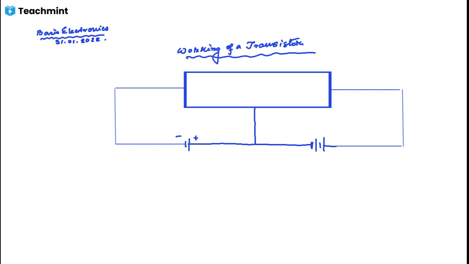There are three parts. So this is N, this is P, this is N. So this is the electrons flowing this side.